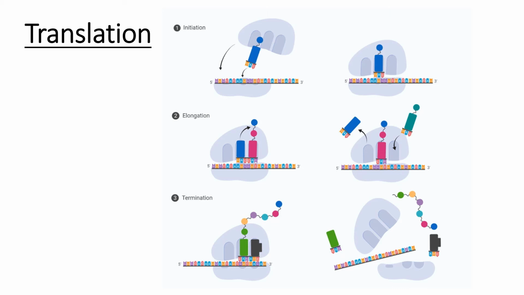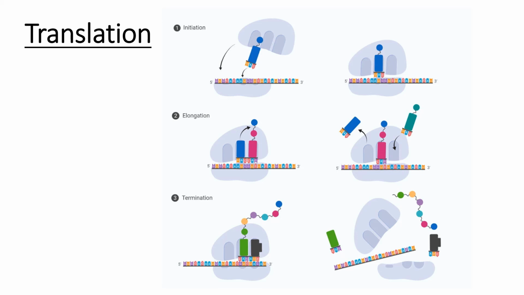The blue one entered, and it moves along into the steps, and then the pink one entered, and now we have two separate amino acids that are bonded together. The process is going to continue until we have reached the codon that's going to stop the whole process, and we're going to have a polypeptide chain. That polypeptide chain is what's created here, and termination is the process of ending that and cutting the polypeptide.